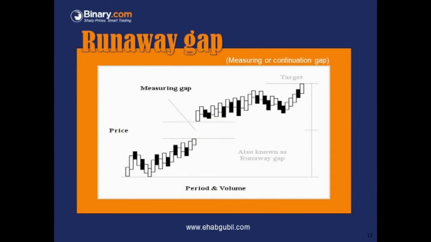Measuring gap is also known as runaway gap or continuation gap. A runaway gap is found around the middle of the trend, usually after the price has already made a strong move. It's a healthy sign that the current trend will continue as it indicates continued and even increasing interest in the direction of the market.